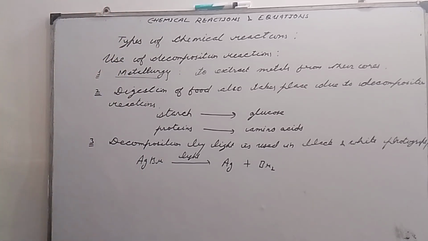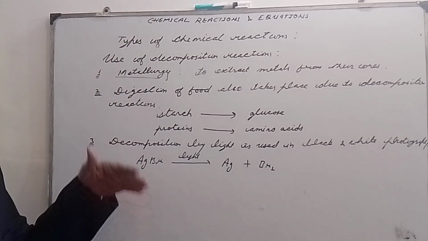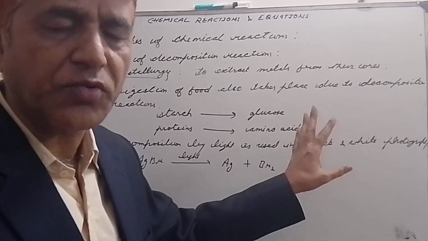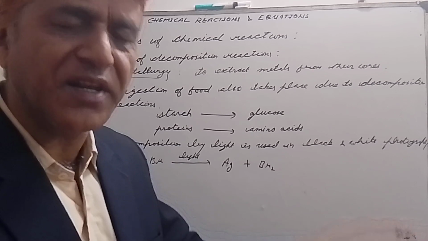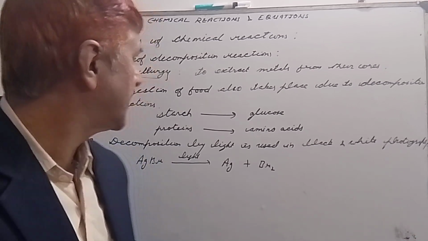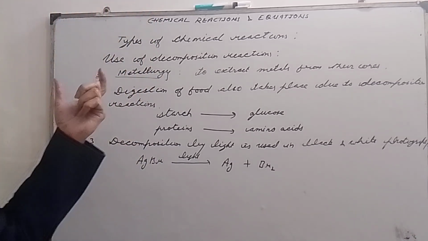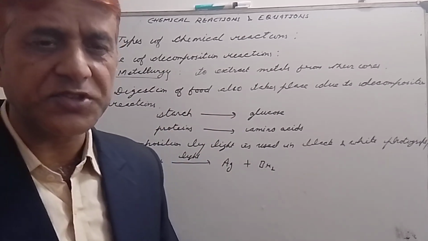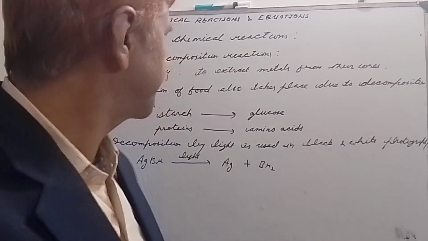So my dear students, I have told you the uses of decomposition reactions. Very very important topic, and questions from this topic are generally asked in exams. So first point was in metallurgy we use decomposition reactions, thermal decomposition as well as electrolysis.